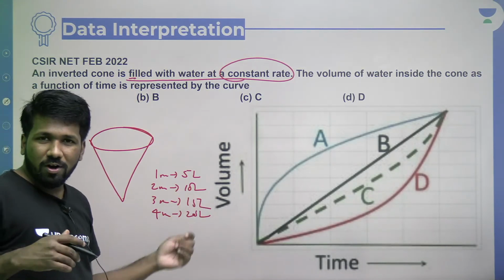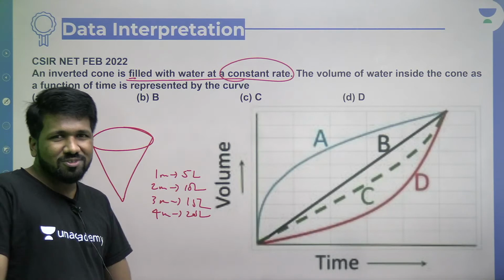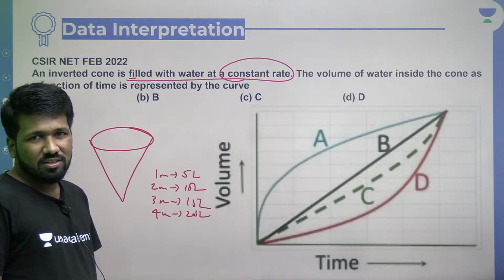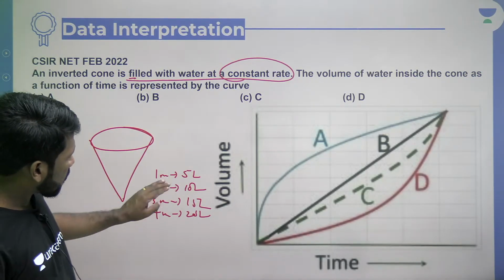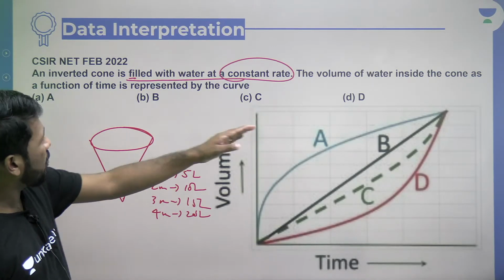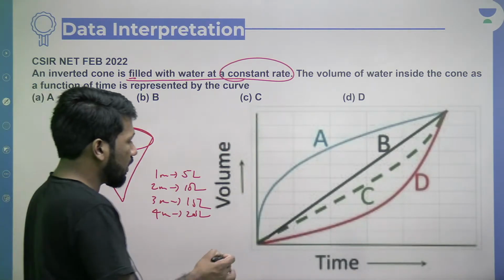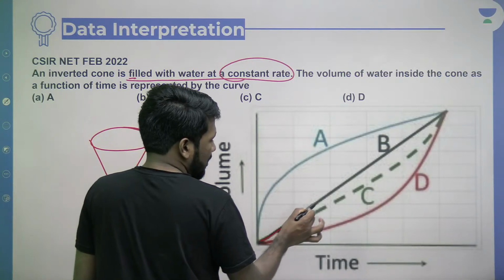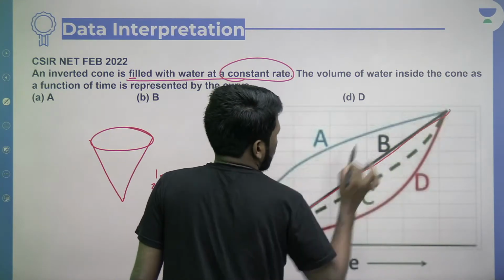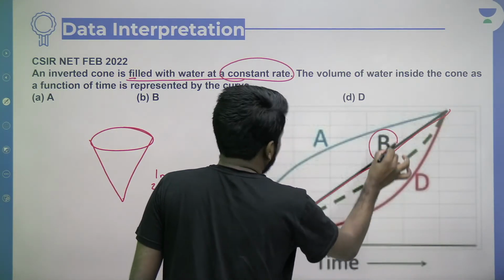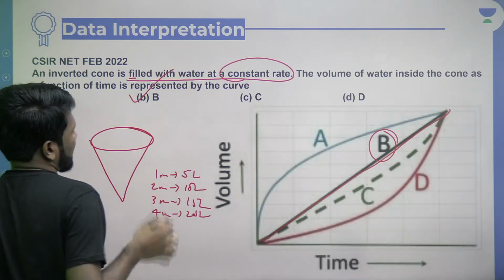What is filled at a constant rate? The volume, obviously. So volume is filled at a constant rate. So definitely volume of water as a function of time should be directly proportional, a straight line only. Only option B is a straight line. So B is the correct answer.